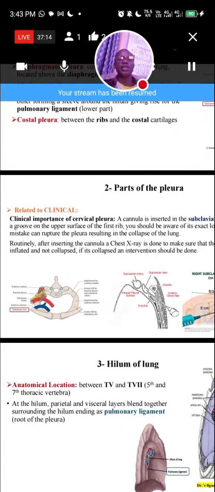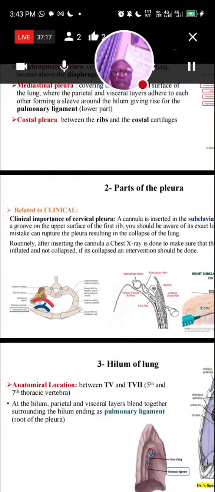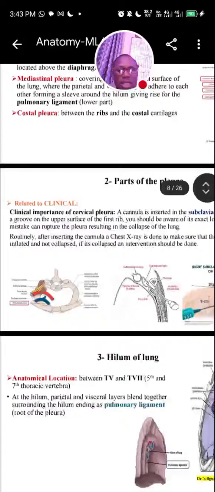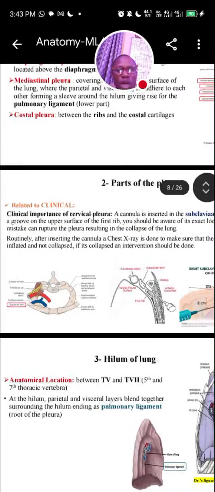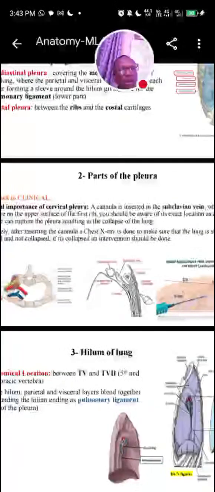All right. So we are in the clinicals now. We said a cannula in the vein can rupture the pleura, resulting in the collapse. Can you imagine that?